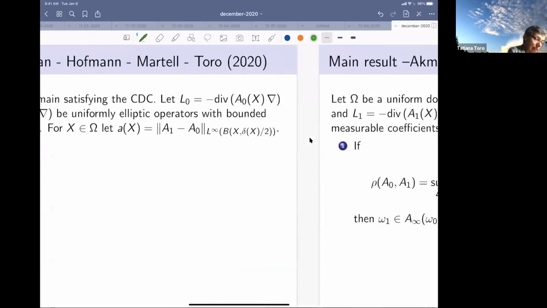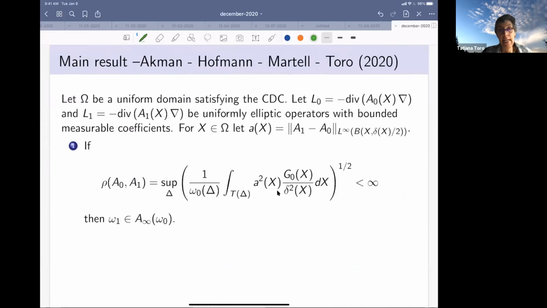And our statement says, if we look at that mysterious condition that appeared there, which is a way to define the distance, it's not really a distance, but we call it rho of A0 and A1. So if the distance between A0 and A1 in this strange sense is finite, then omega 1 is an A infinity weight with respect to omega 0.